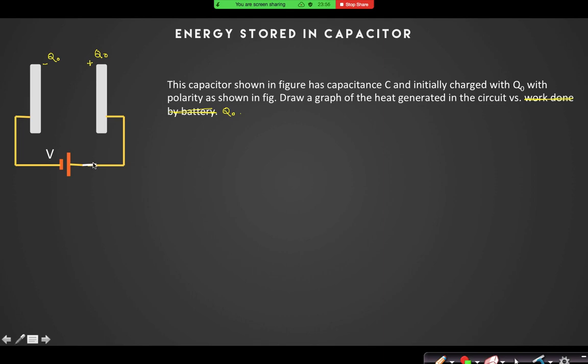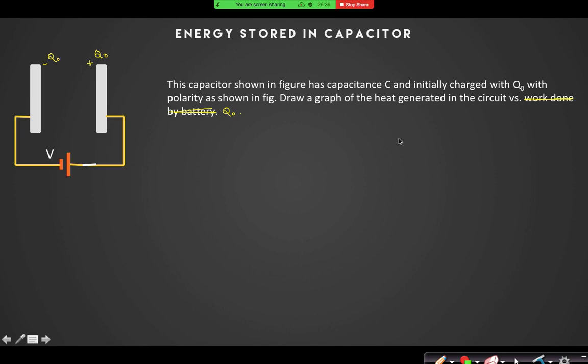We have different capacitors where the capacitance is the same, but the initial charges are different. Suppose for one of them it's 1 microcoulomb, for the second I have taken 2 microcoulomb, 3 microcoulomb was the initial charge, and all of them are connected with the same battery. So what will be the graph for heat generated versus Q naught?